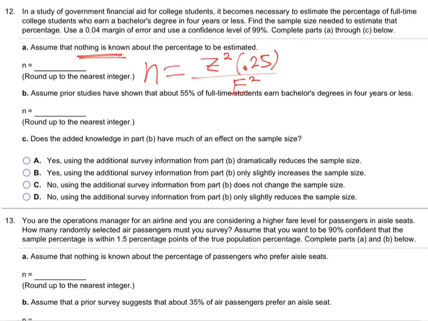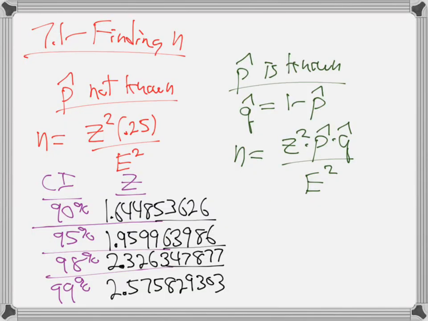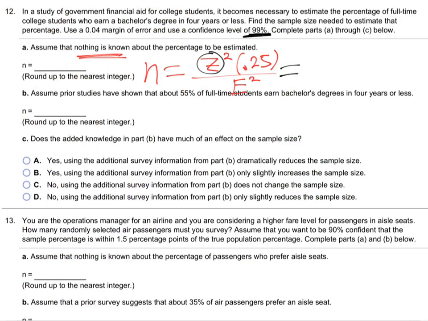So what is my z value? What level? This is 99%, right? So if you go to the 99%, the z value is that bottom one. So I'll put it in there. It's going to be big. I don't know if I have room for all that.